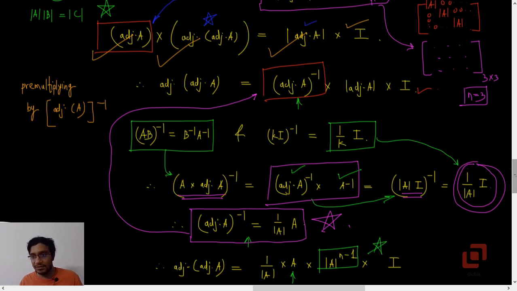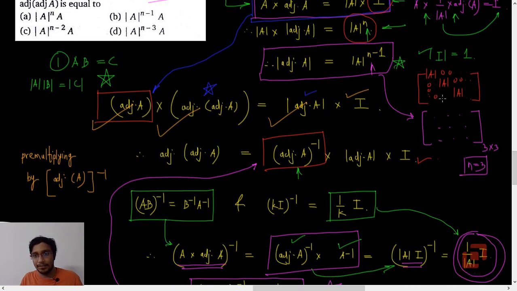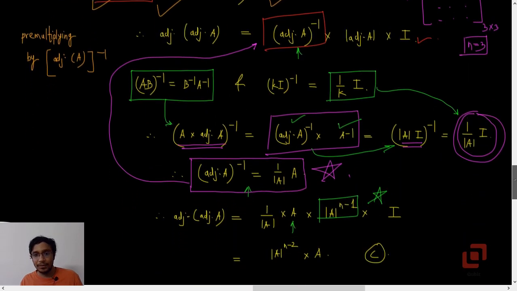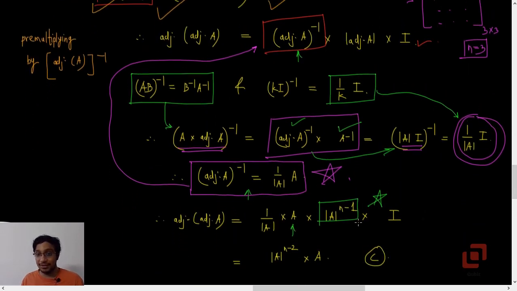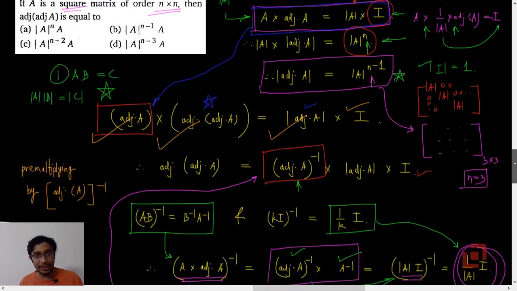Let me mark it by star. So that finally gives us the result. A into I is A, determinant of A raised to n minus 1 upon determinant of A is determinant of A raised to n minus 2 into A. And that is option C.